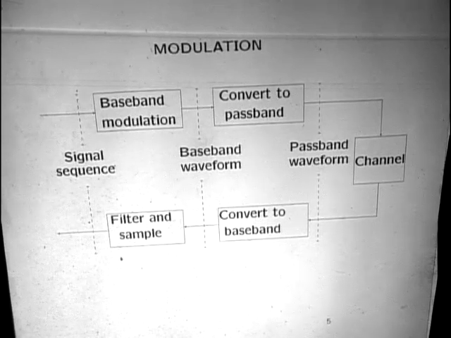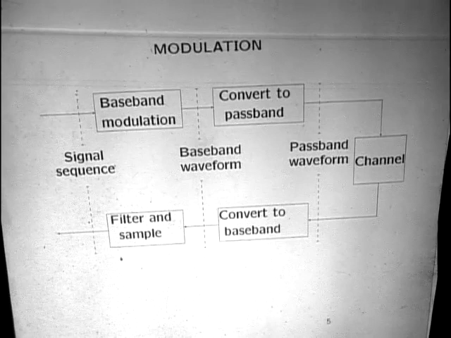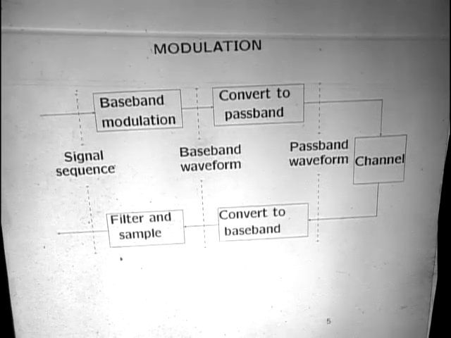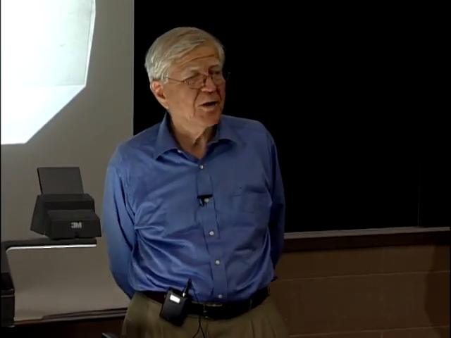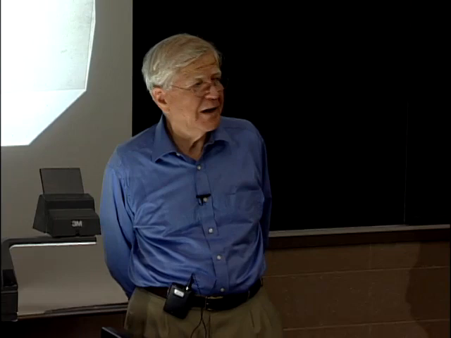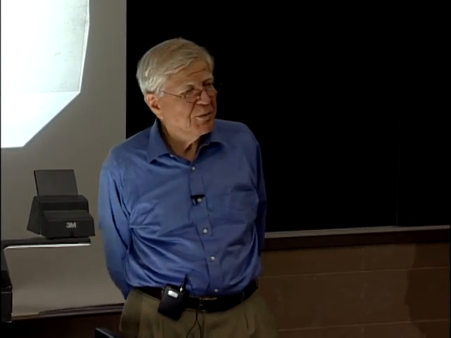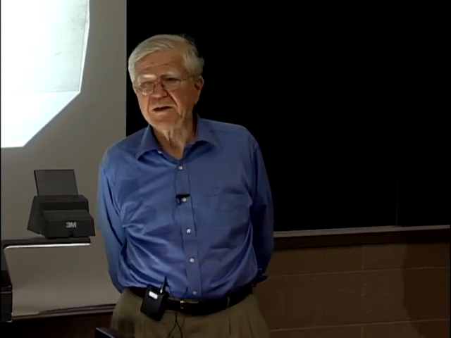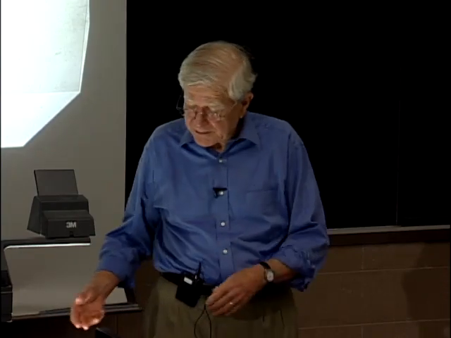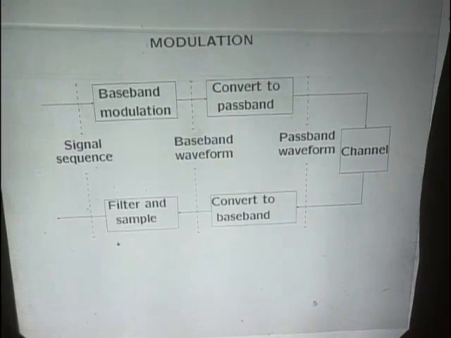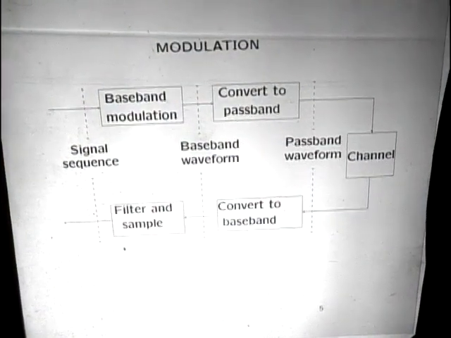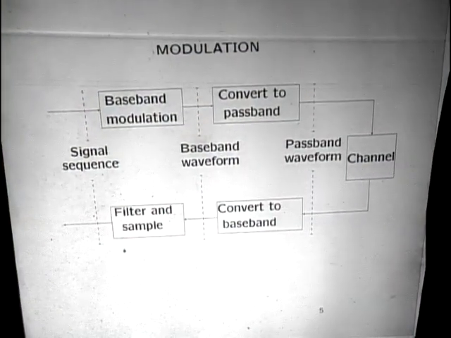If you're using optics, you want to send things in different frequency bands. Whether it's optics or electromagnetics simply determines the frequency band you're looking at anyway. You can't propagate things in every frequency band. Things don't propagate very well at baseband. So for all of these reasons, we want to convert these baseband waveforms to passband. Why don't we generate them originally at passband?